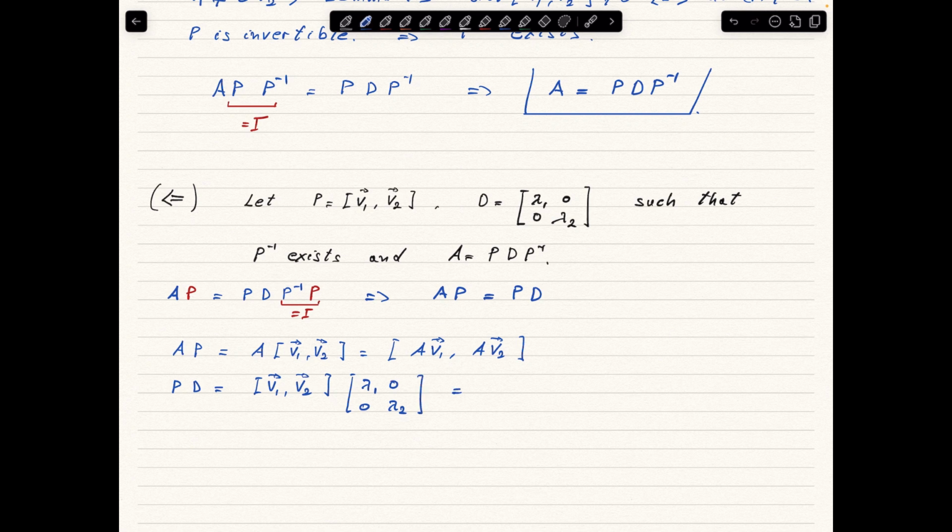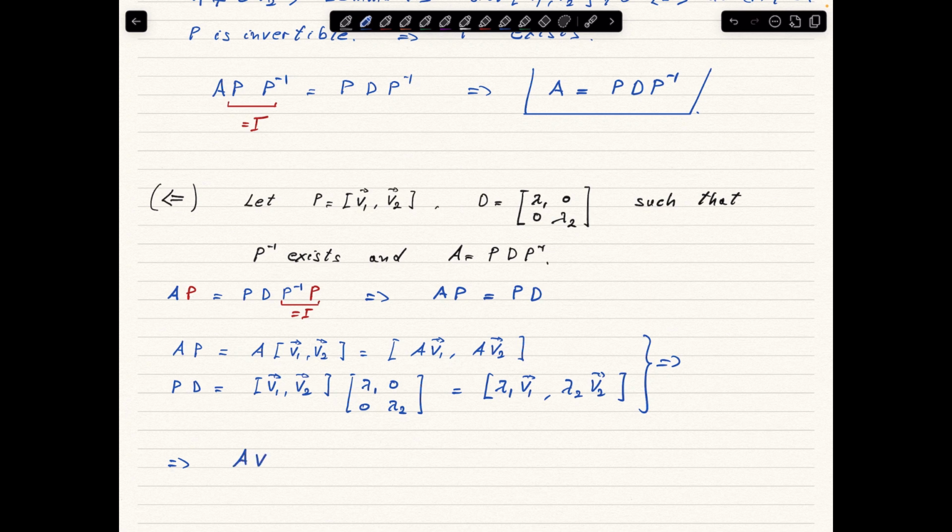And we have seen that the result of that is lambda 1 v1 and lambda 2 v2. So now we are assuming that these two expressions are the same, so therefore these two have to be the same.